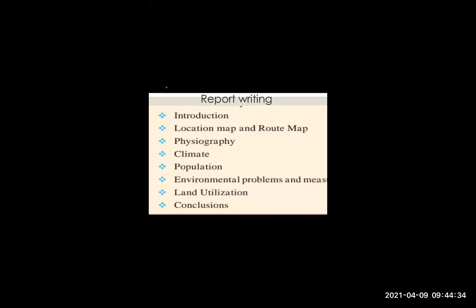If you write this in your notebook, it is helpful for you only. Physiography means landforms, like mountains, valleys, plains, creeks.